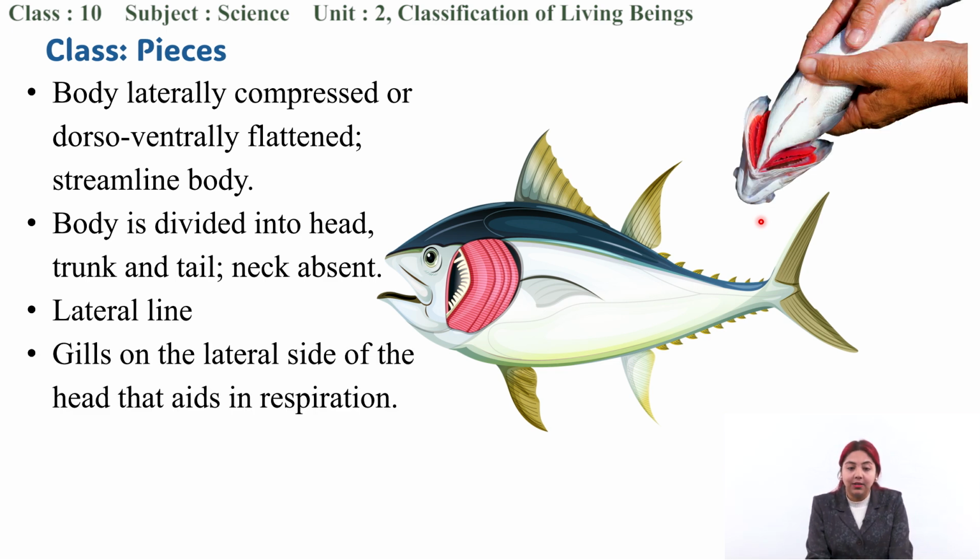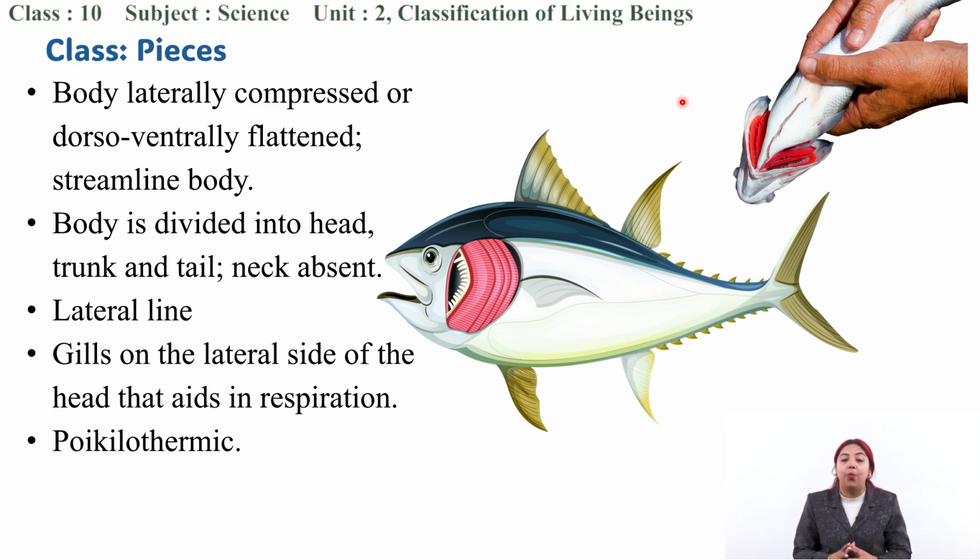Now, the gills are present on the lateral side of the head. You can see here, this is the lateral side. The gills are present over here. So, pairs of gills are present, and these gills help in respiration in these organisms.